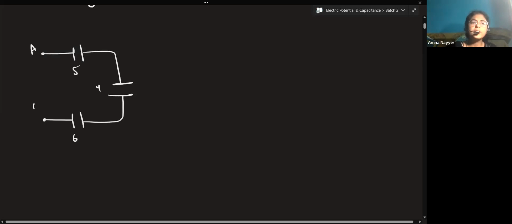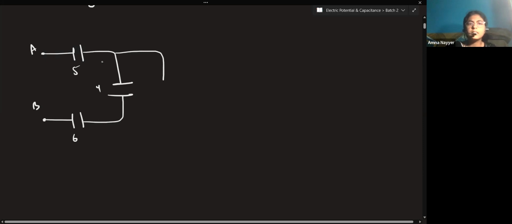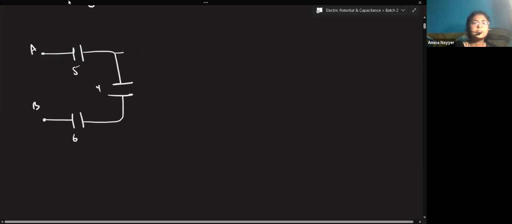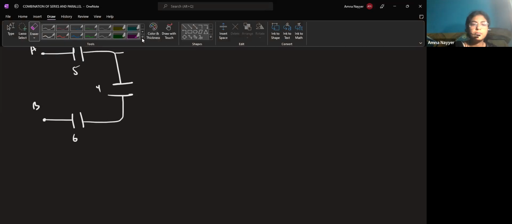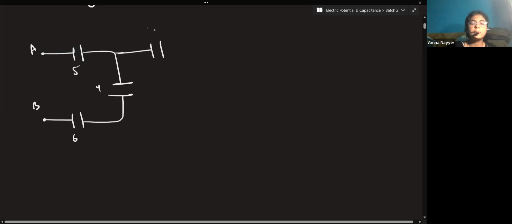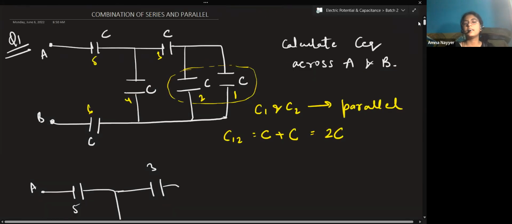These have not been affected yet, which were there in the extremity. Then there was a third capacitor over here. Now, regarding the first and second, these have been clubbed together.